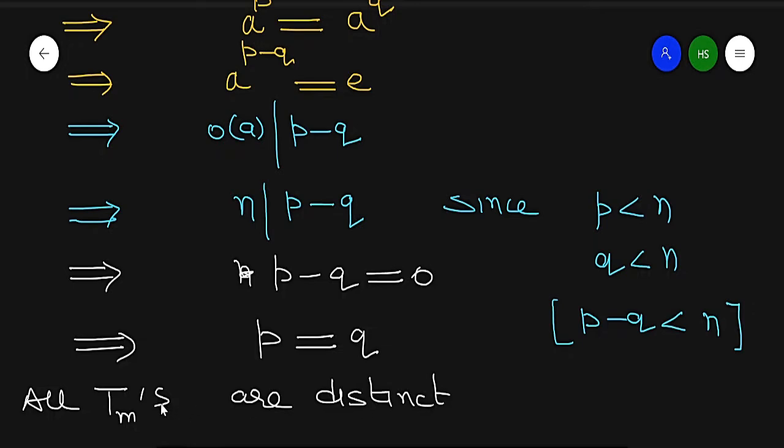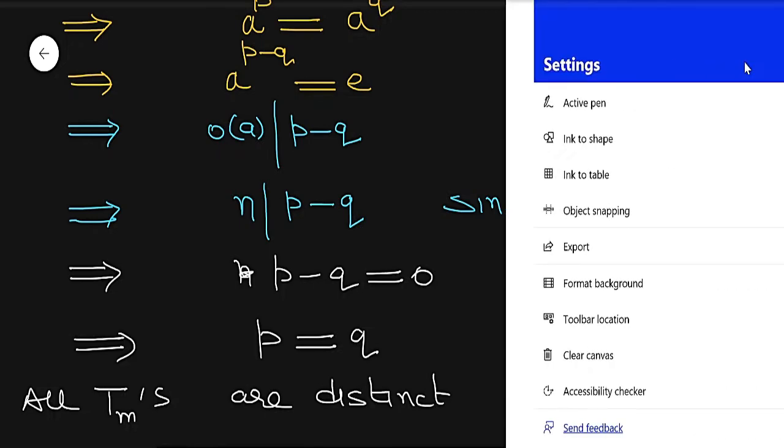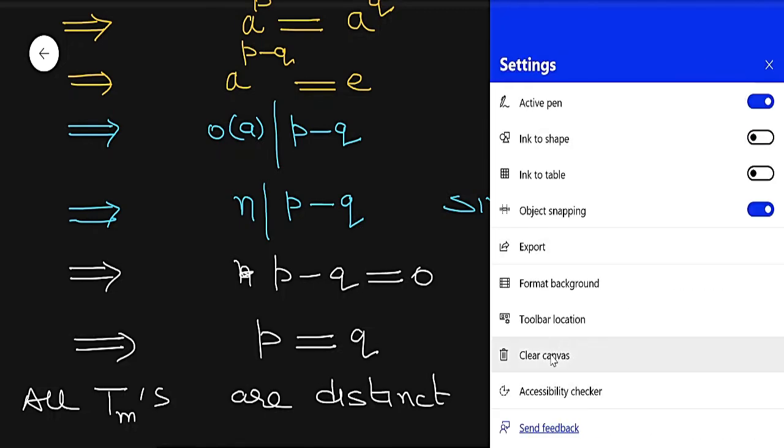These are 5n. So if they are distinct, then it means the order of the automorphism of G is greater than or equal to phi n. So I write it as equation number 3.